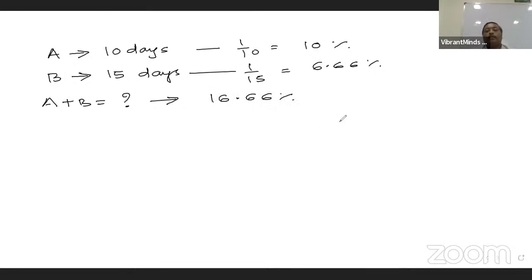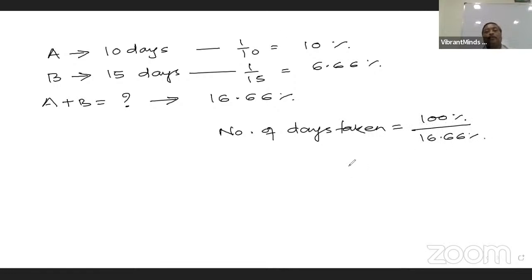Is it clear? So the combined efficiency is 16.66%. So the number of days taken is 100% job divided by 16.66%. Clear? And it will give you approximately 6 days.